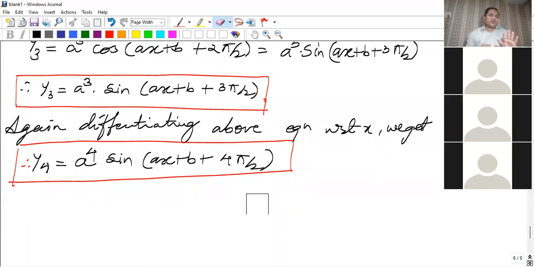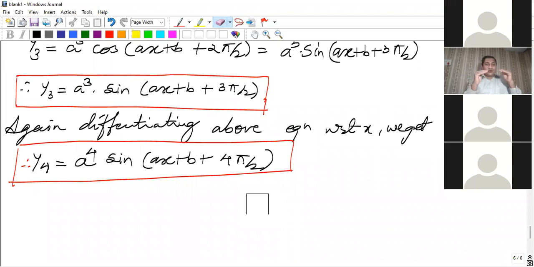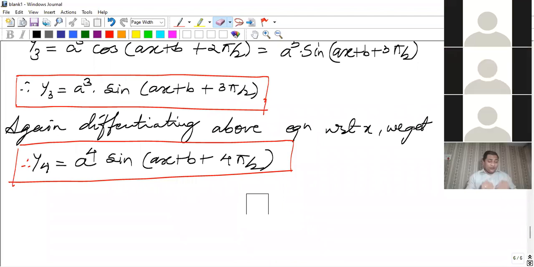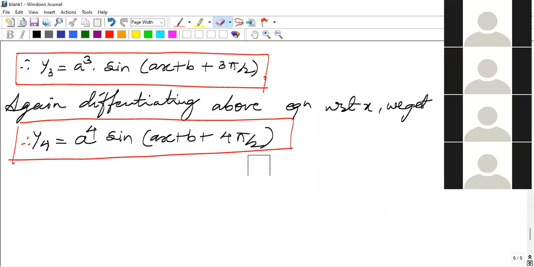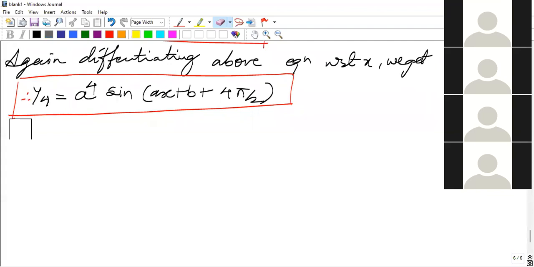So here we got the first derivative, second derivative, third derivative, fourth derivative. Can we generalize the formula? Do you find any pattern in these four derivatives? I want you to write it, and then let us check.